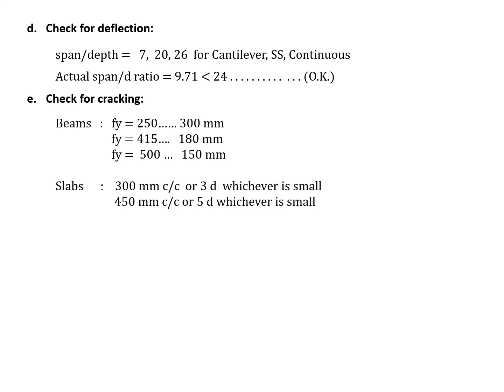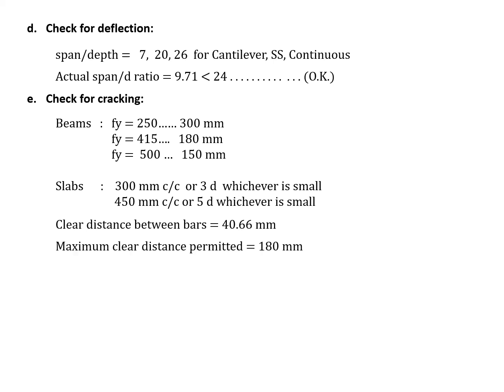Check for cracking. All you have to do is between the two reinforcement bars, main bars, 12 bars, you make sure that the distance is less than 180, which is so if you do the detailing. And for slab this is the criteria, but this is not applicable here. Now here in our detailing, the distance between the two main bars will come to 40.66, which is less than 180, so you are okay.